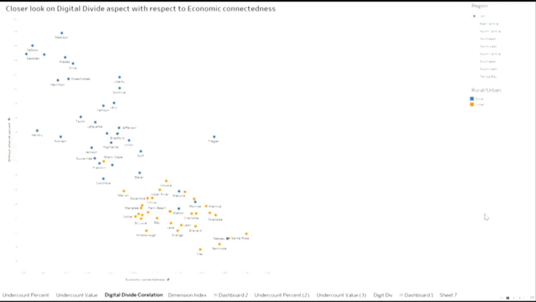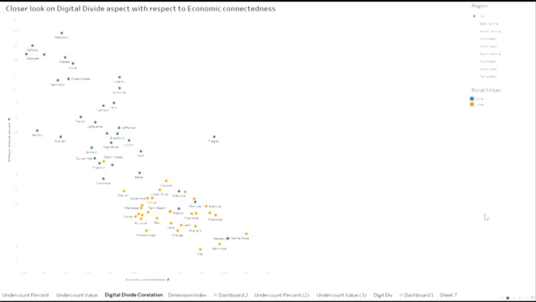and get some insights. So this is a correlation. This map shows the correlation between percent of households without internet and economic connectedness. The blue bubbles represent the rural counties and orange bubbles represent the urban counties. So you can see here that there's a negative correlation between these two.